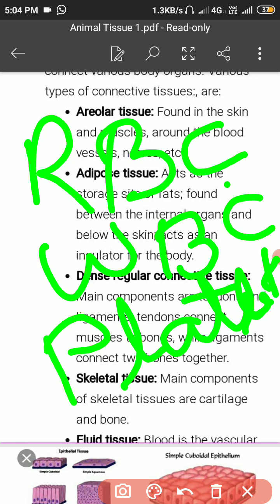That is why they are the protective cells. Platelets produce thromboplastin, a protein which helps in the coagulation, the clotting of the blood. So these three cells form the fluid connective tissue that is blood.